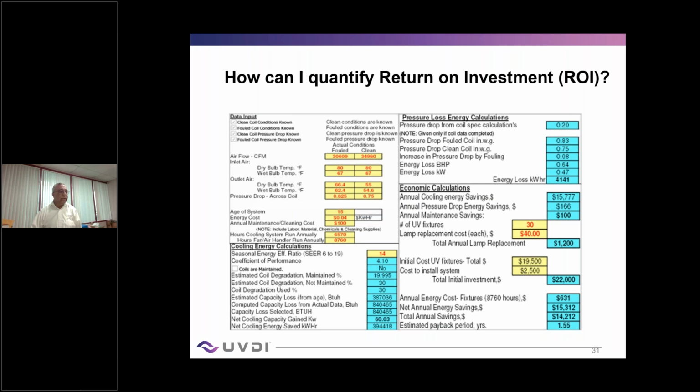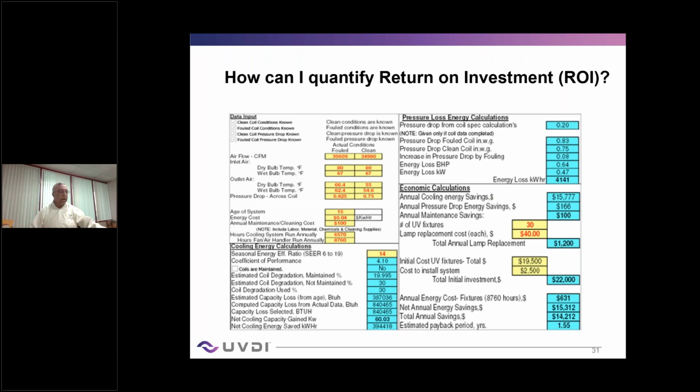The annual savings have three components. One is from your cooling energy, the second one is from your annual pressure drop, and the third one is your maintenance savings.